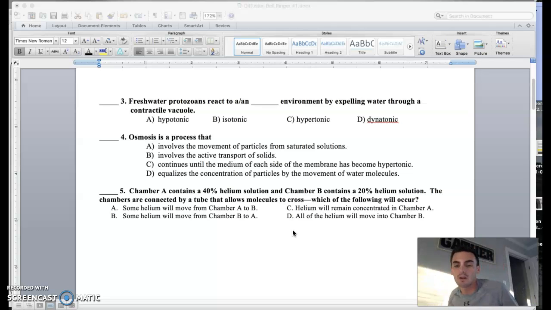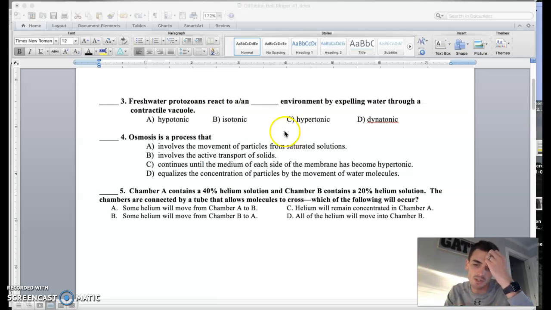If water is going out of the body because it's more concentrated outside the cell, too much is hyper. So that would be a hypertonic environment where it's shooting water out because it's too strong on the outside. Okay, that's tough, but keep drawing pictures that help you. Go add the dots on the outside and show your arrow of water moving.